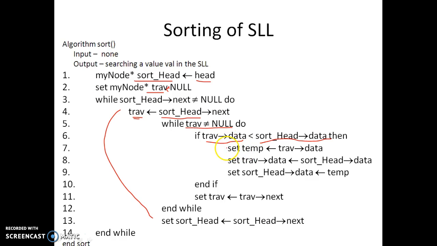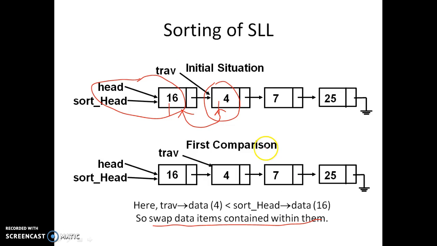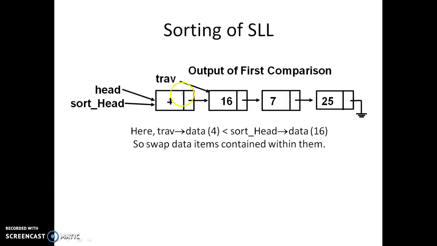For that we are creating one variable temp in which trav arrow data is assigned. Then trav arrow data is equal to sort head arrow data, and sort head arrow data is equal to temp. So this gives the new values to the first and the second node. Okay, so it is something like this.